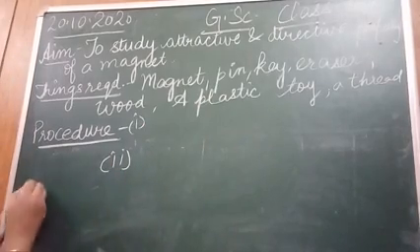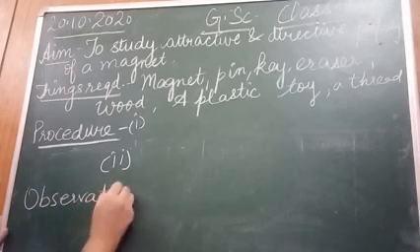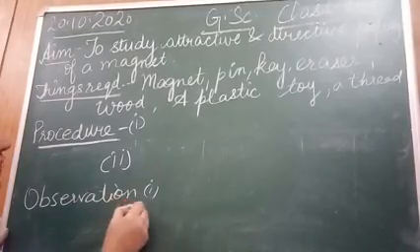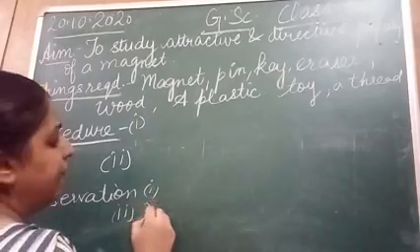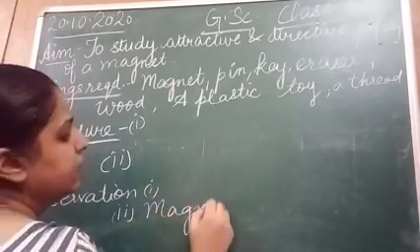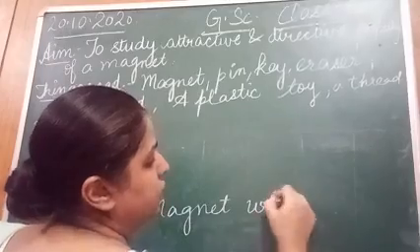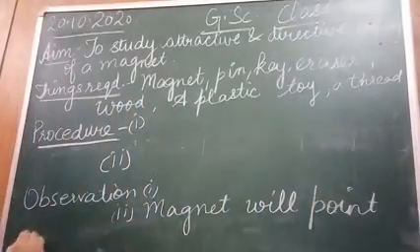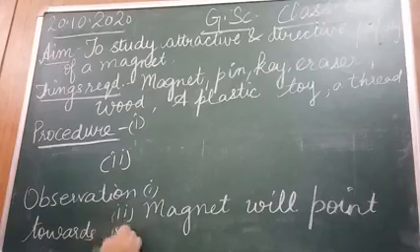What will be the observation? Now observation. First one you had done. Second observation will be of directive property. That magnet will point towards north-south direction.